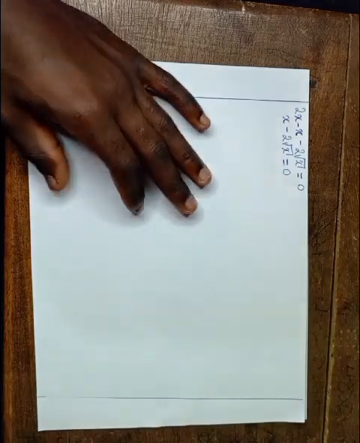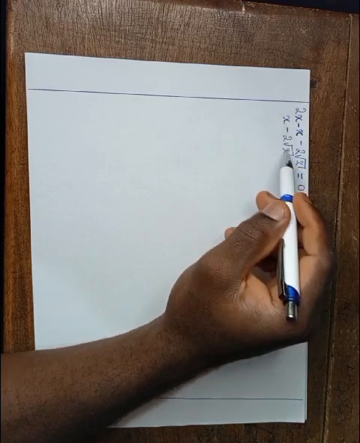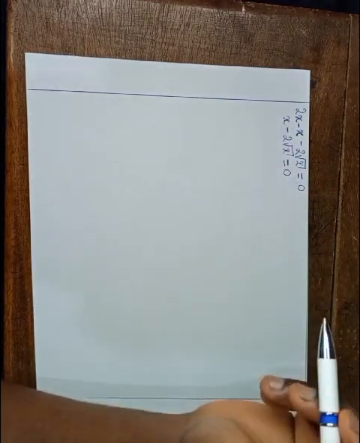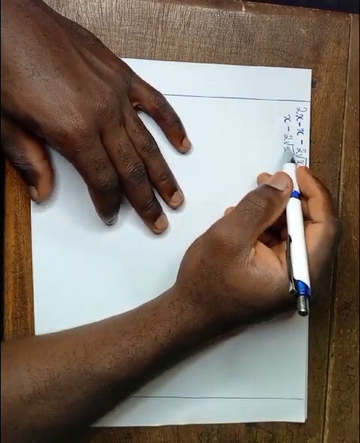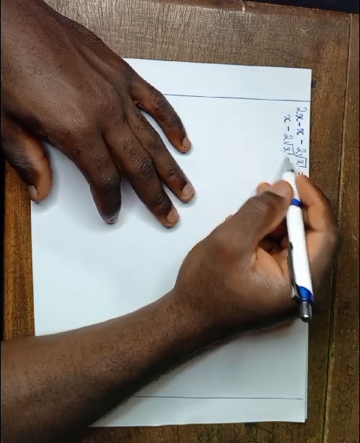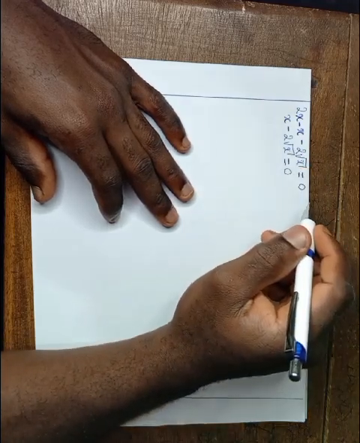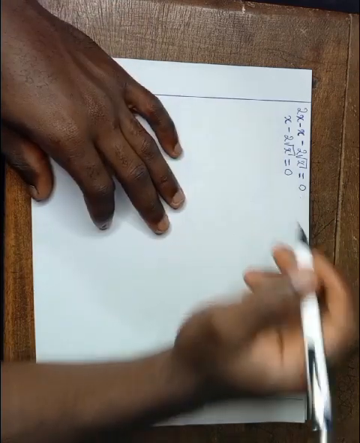Now we have an equation of this form. We need to find the value of x such that when we put that value of x here, we simplify, it gives us 0. You can see we have x here, while here we have the square root of x.